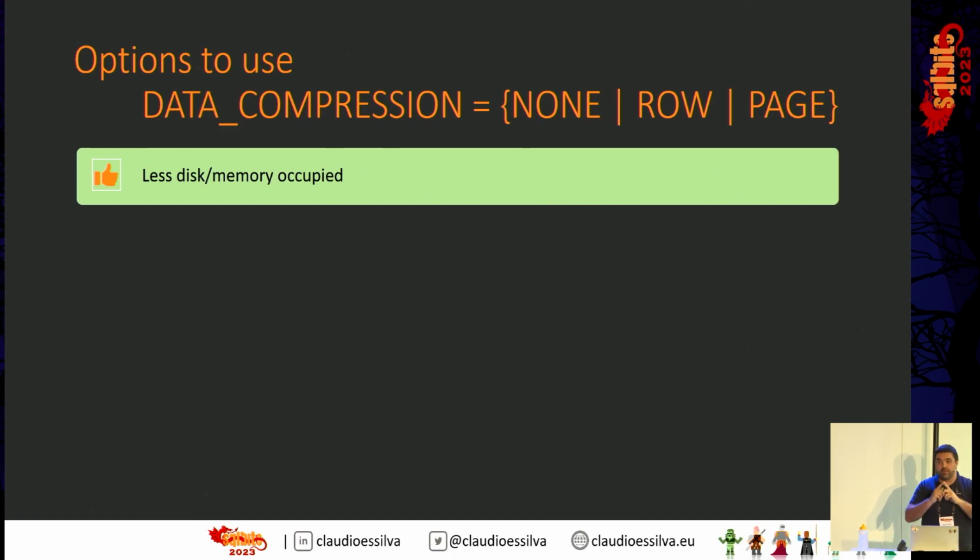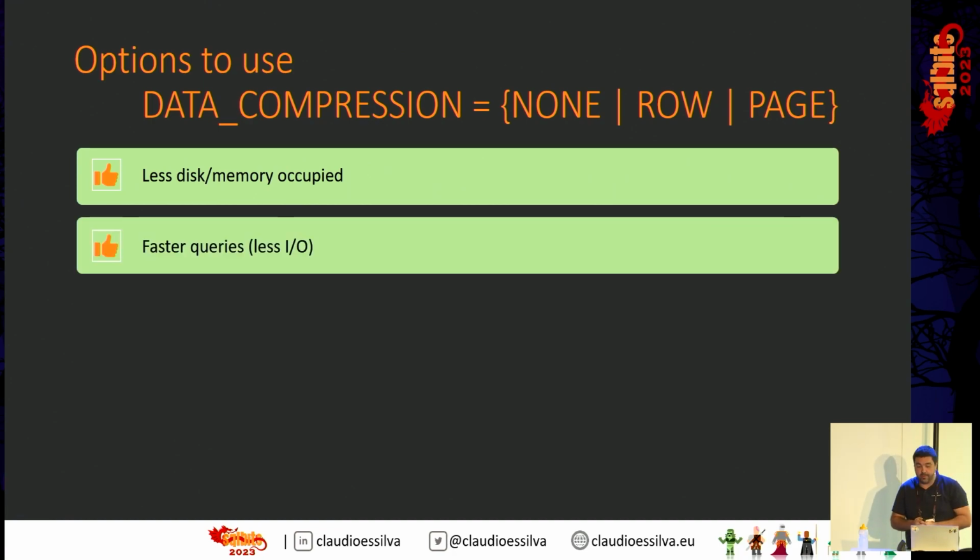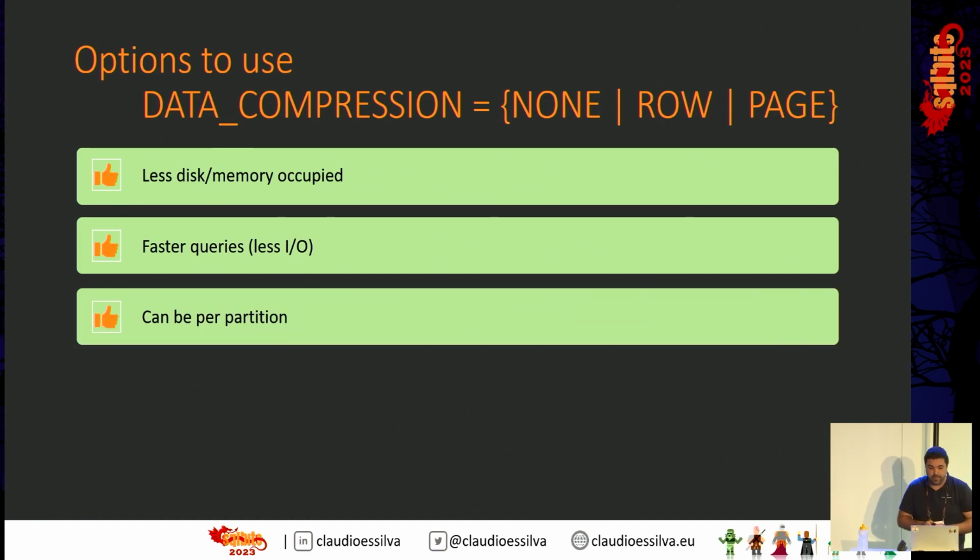So your buffer pool will also leverage this, because you can keep the same data with less space occupied, which can also translate to queries becoming faster, because if to read the data I need to read 1,000 pages, and now I just need to read 10 because the compression had a good ratio, and therefore I have many fewer pages to read, that will become much faster.